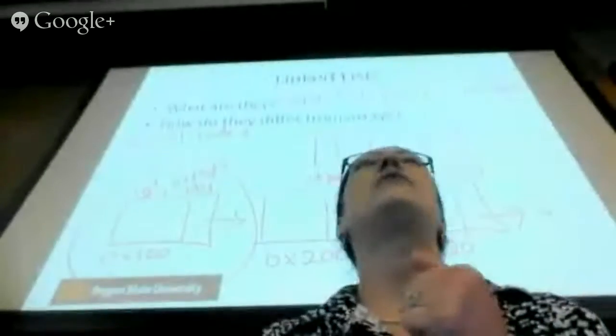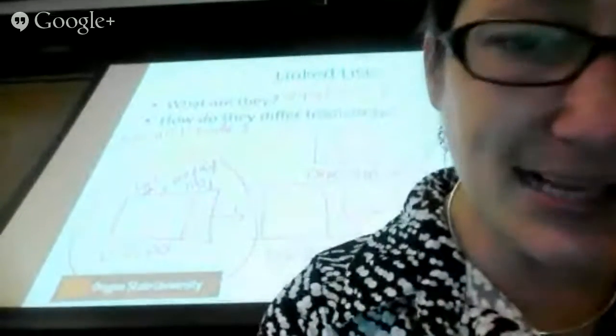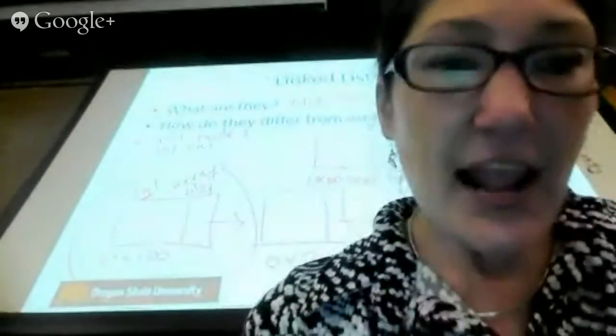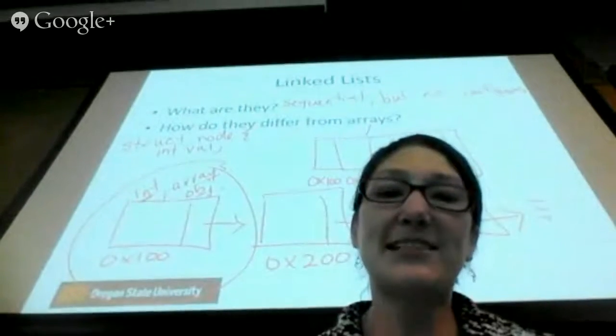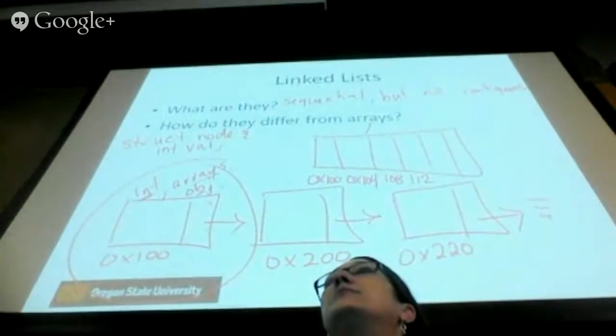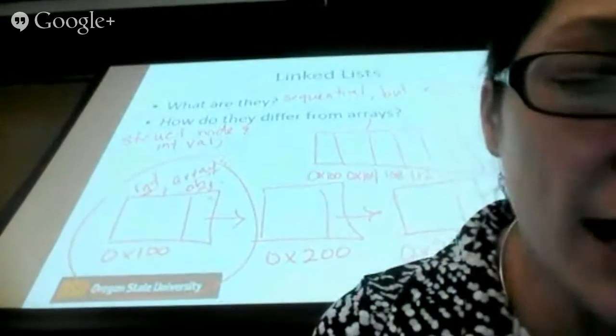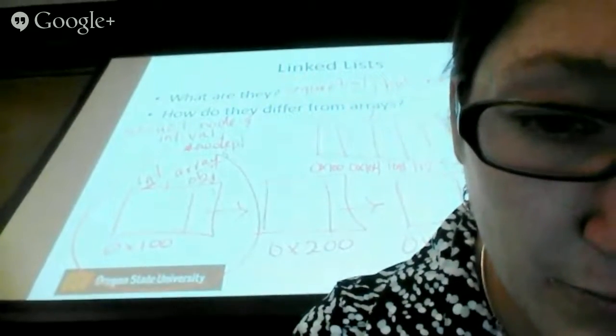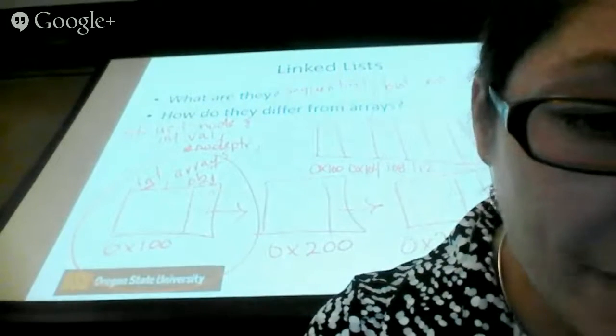Something's in here. In my case, I'm going to have ints. So we have a value. We also have, what is this thing right here? It's a pointer, and it's a pointer to what type? Have y'all been reading?